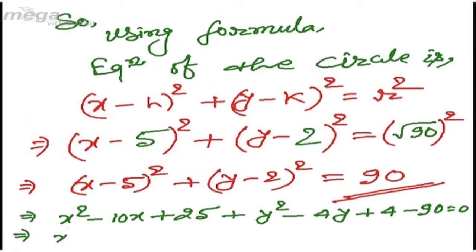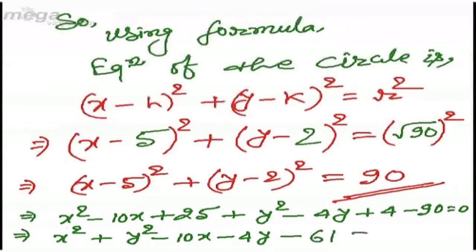And then we can write it as x square plus y square minus 10x minus 4y minus 61 equal to 0. You can write this also as a final answer. This is in the expanded form and the earlier one is in the standard form.